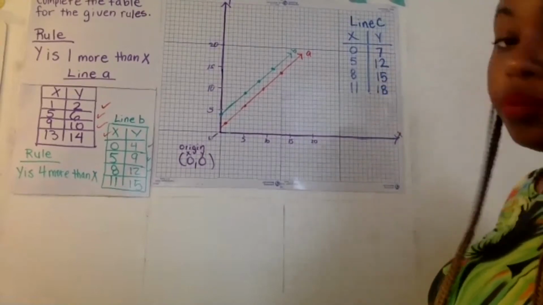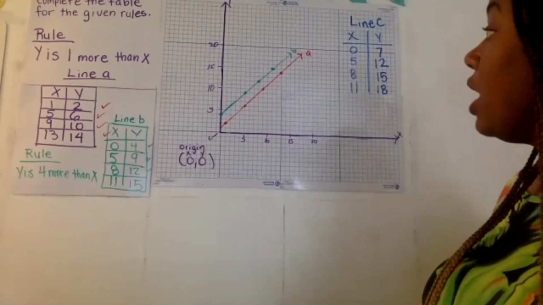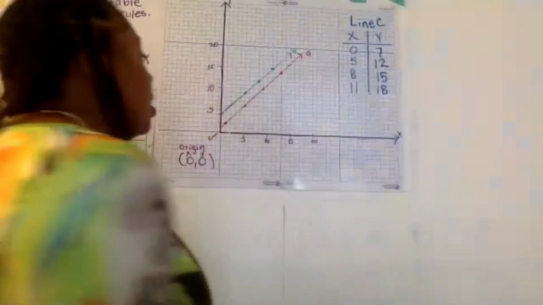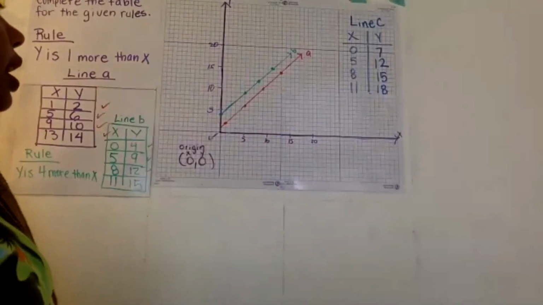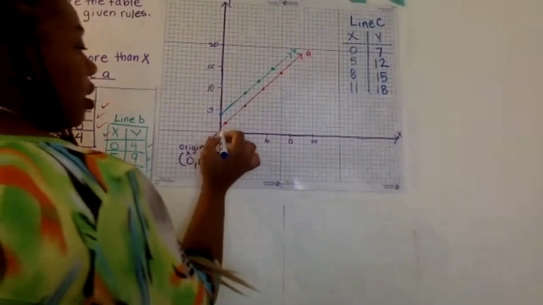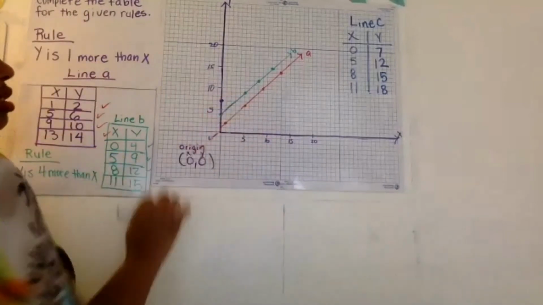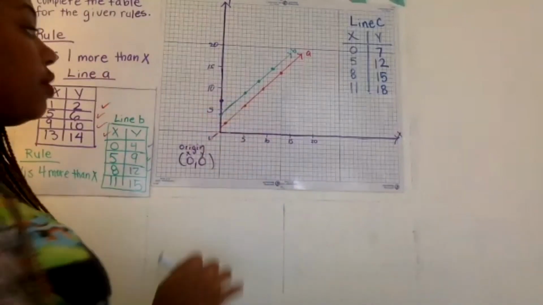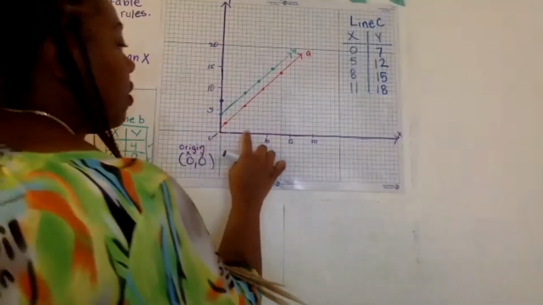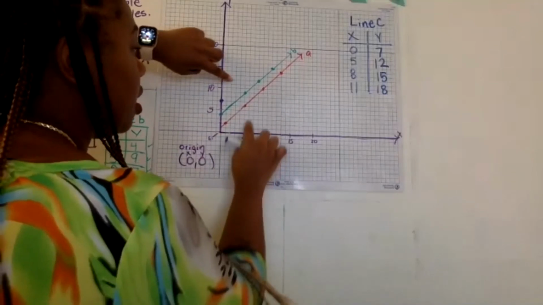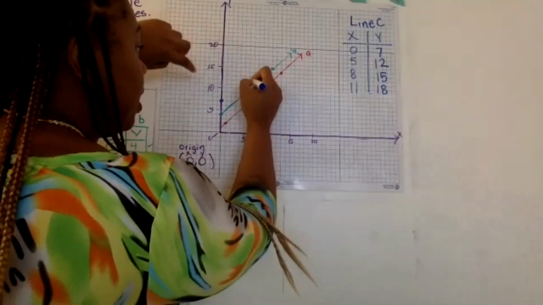Okay? So now we have to plot our points on the coordinate plane here. So 0, 7: I go up 7, because remember, at the origin x is 0. Then for 5, 12, I go over to 5 and up to 12. Here's my point.